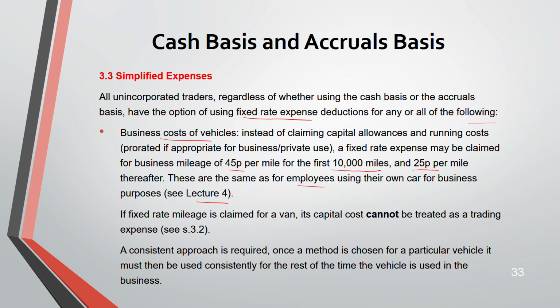So till the time you're using that vehicle in the business, let's say you are claiming capital allowance and running cost for that vehicle, you have to go by that basis. Or if you're claiming statutory mileage allowance, you have to go by that basis for that particular vehicle.